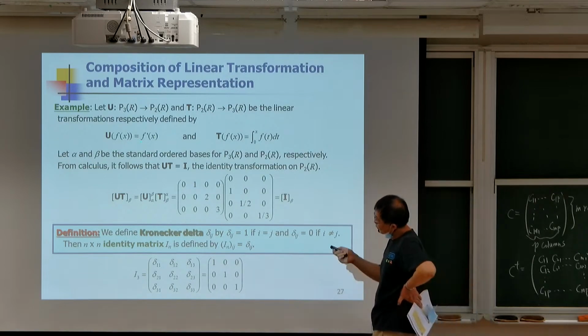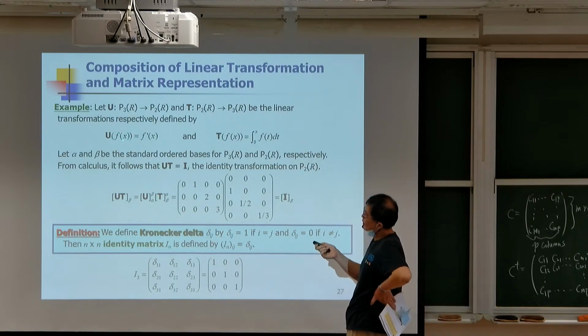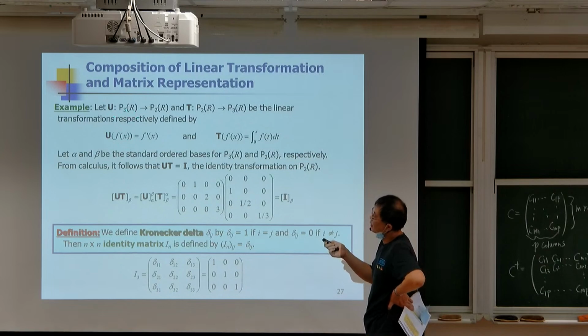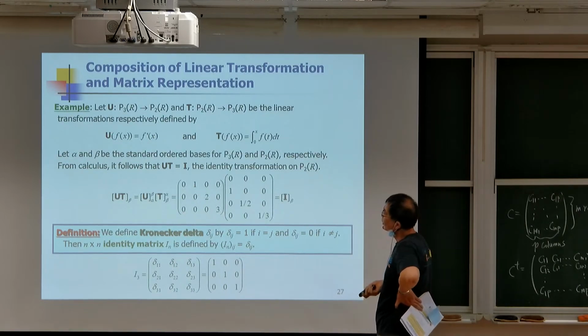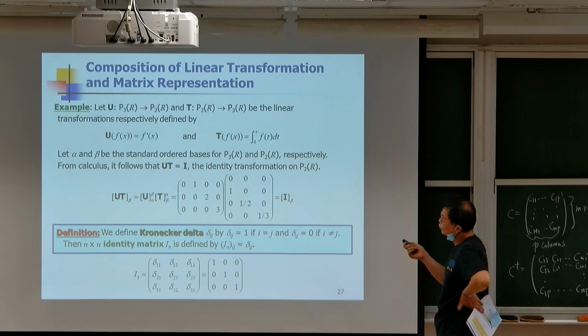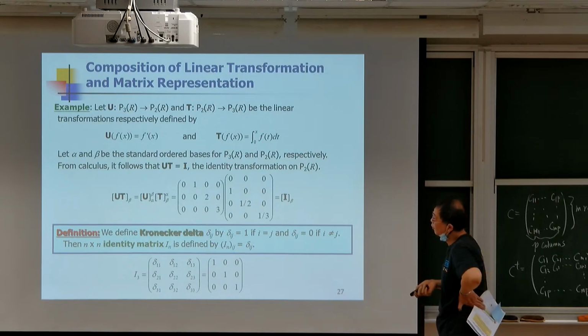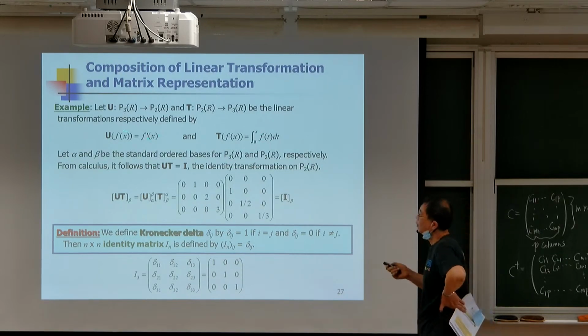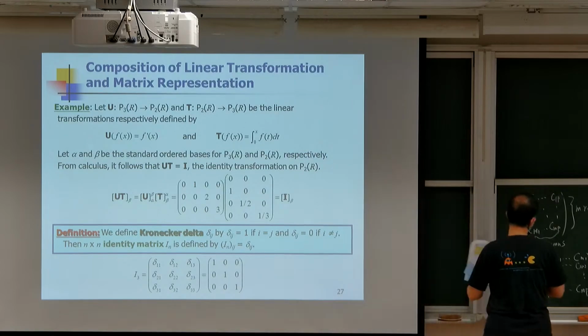Then we have U of f(x), where f(x) is a degree 3 polynomial. U is defined by the derivative and T is defined by the integral. So then we can easily find that.